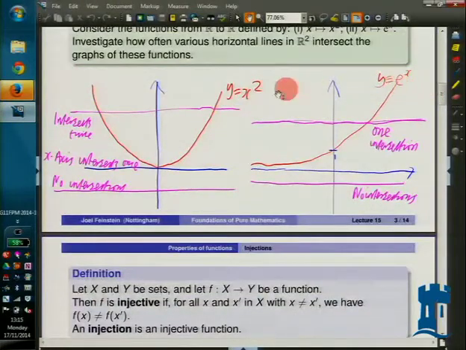For these y equals e to the x and y equals x squared graphs, whether they're injective or not doesn't change whether I was regarding them as functions taking real values with codomain R, or taking the codomain to be the non-negative real numbers. It couldn't have been the positive real numbers for x squared, but could have been for e to the x. For e to the x, I might have had my codomain being the positive real numbers. It wouldn't have affected whether they were injective or not injective.